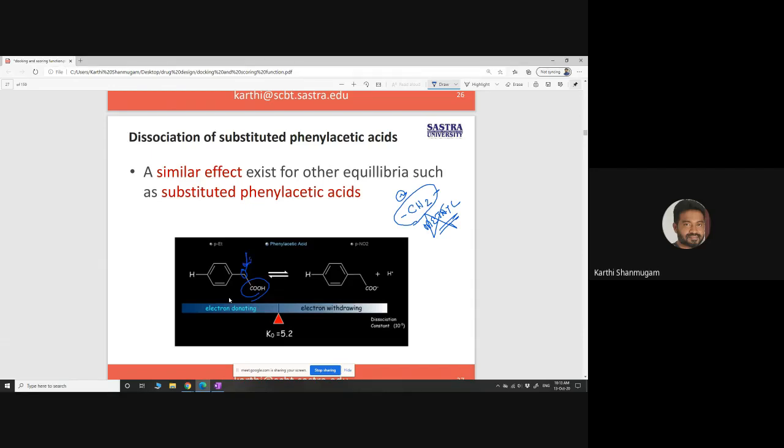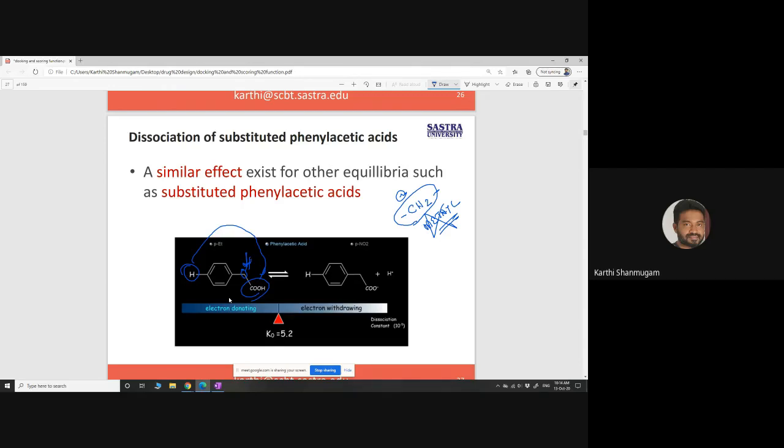Since there's an addition of a methylene group, if you calculate the distance between this position and the hydrogen atom at this position, this series of molecules will have a larger distance compared to the benzoic acid series. Do you agree?